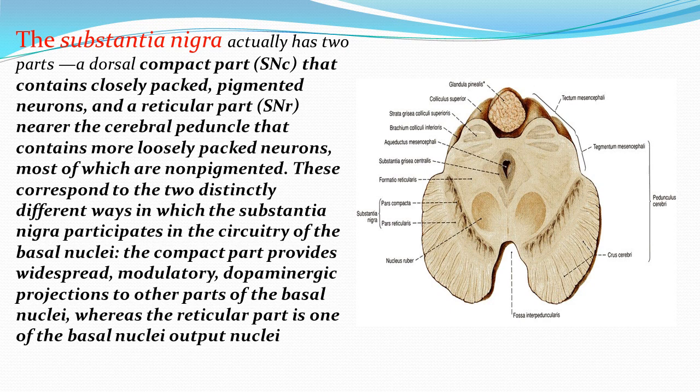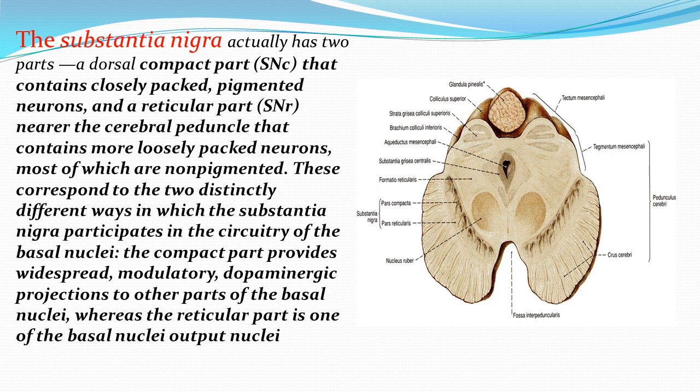The substantia nigra, as I told you earlier, has two parts. The dorsal part is known as pars compacta, containing closely packed pigmented neurons, and the ventral one is pars reticulata, nearer to the cerebral peduncle, which contains more loosely packed neurons, most of which are non-pigmented.